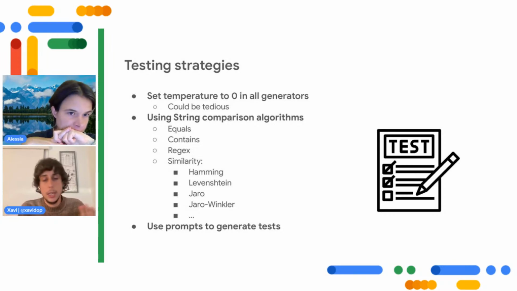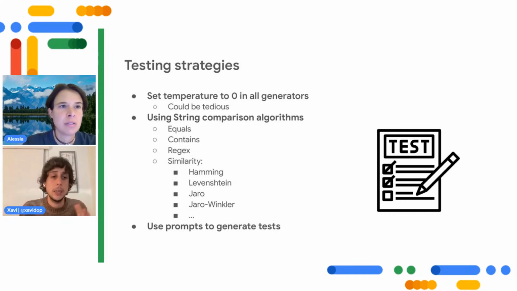For instance, equals, contains, test your output against a regular expression, and then you can use string similarity algorithms, like Hamming, Levenshtein, Jaro-Winkler. When you use these similarity algorithms, you can set a threshold, and depending on the threshold, you can say if the test was good or bad.